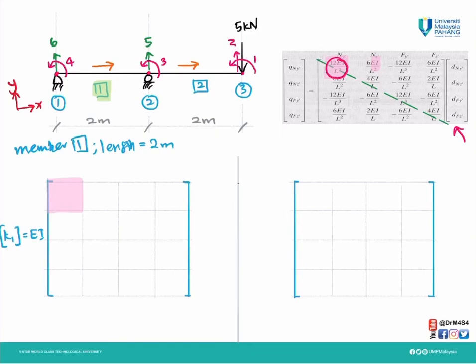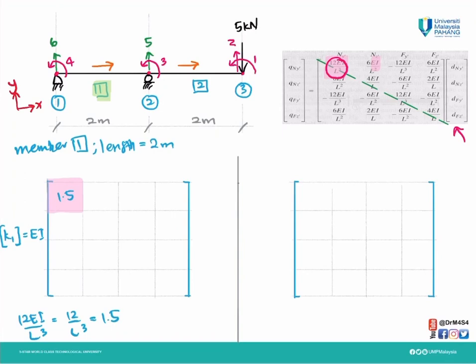For that one it is 12 EI divided by L to the power of 3. Therefore, 12 over L to the power of 3 is 1.5. So 1.5 here. Do the same for the rest of those values.